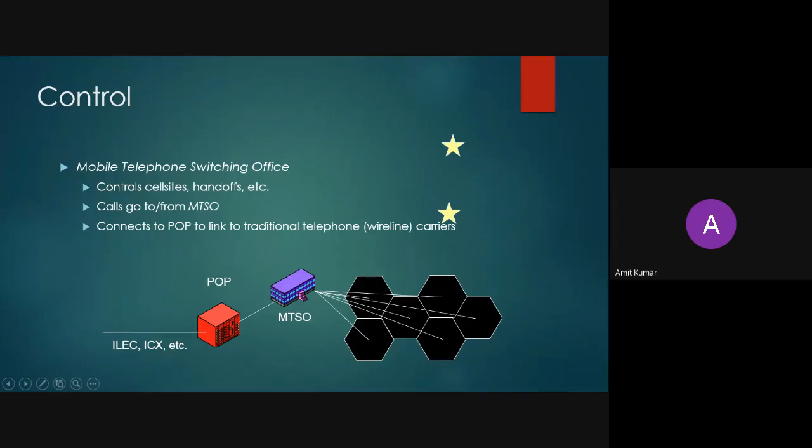Other issues like these are not part of the syllabus. So that is all about cellular communication. If you have any doubt, you can ask.